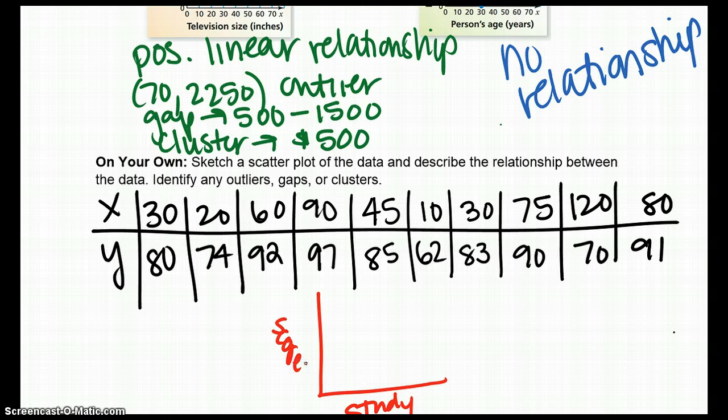Go from 0 to 100 here, and over on your x-axis, you're going to have to go to 120. Then you're just going to dot wherever these points are. So if I had 30, 80, just estimating here, I would go 30, 80, make a dot. It really doesn't have to be anything fancier than that. You don't need to draw the lines in the graph. I would like you to label the whole axis though.